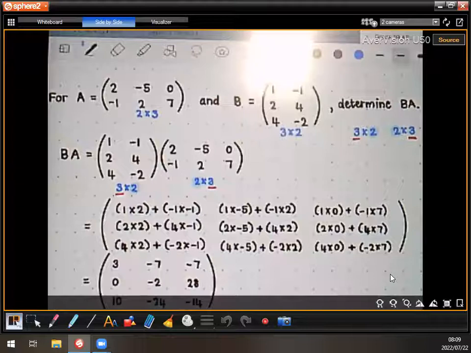It's 3 by 2 and 3 by 2. Just the inner ones must match. The outer ones tell you the dimensions of the answer. So the answer is going to be a 1 by 2 matrix.